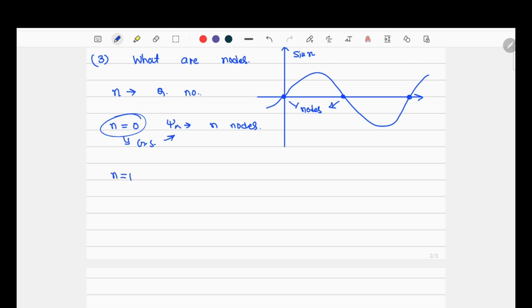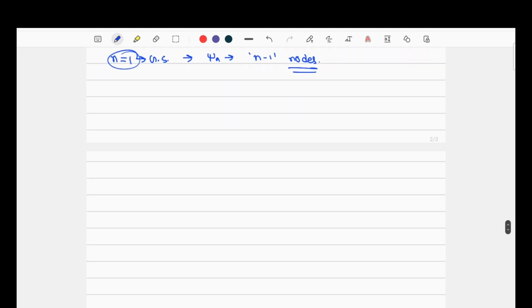And if n equal to 1 corresponds to the ground state, then xi n will have n minus 1 nodes. Very simple thing to remember. The application we will talk about when we discuss potentials, like the 1D oscillator, infinite potential barrier, potential well, or step potential.